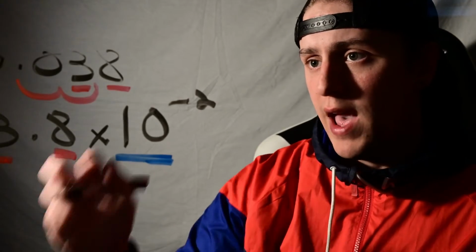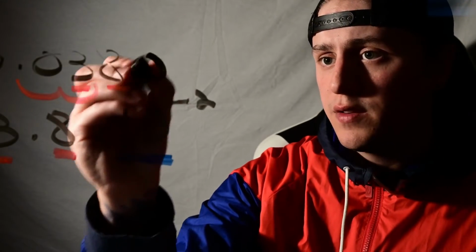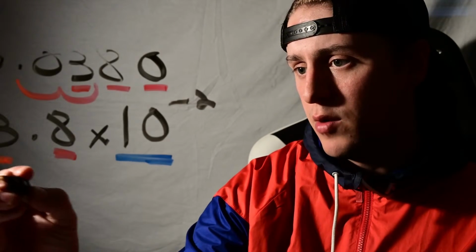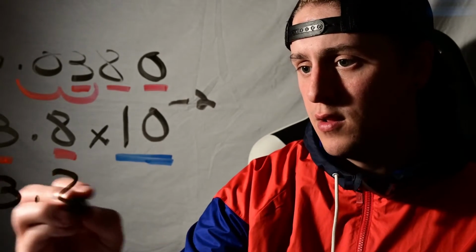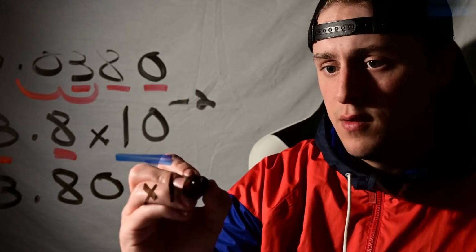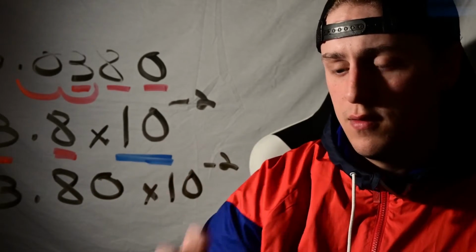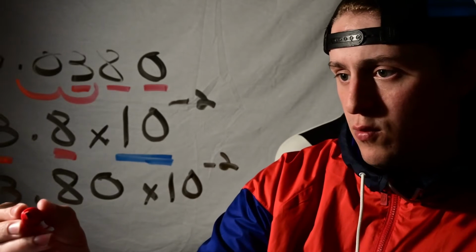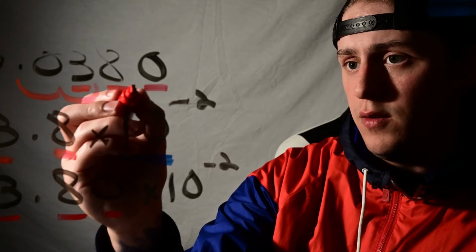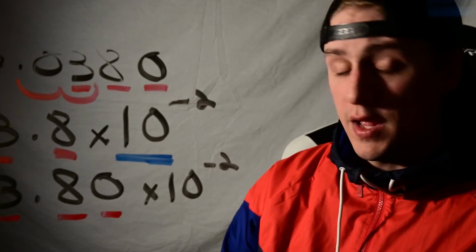Now, if we added a 0 on the end of this, of course, we're going to add that there, and we would write that like this. 1, 2, 3. 1, 2, 3. And that's all.